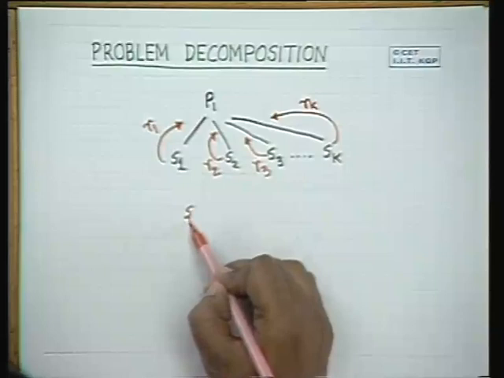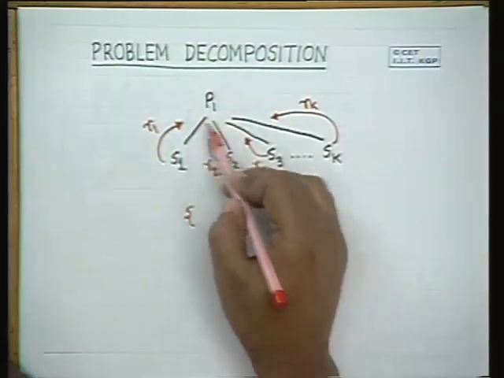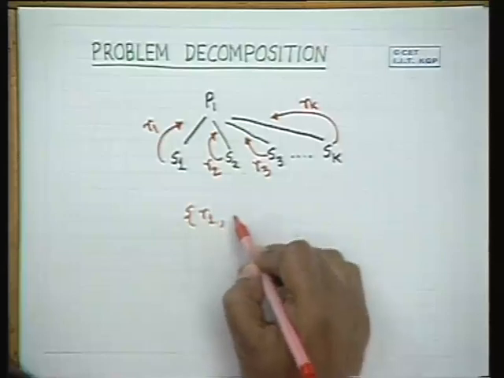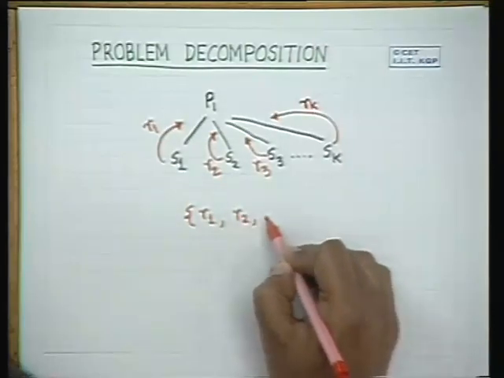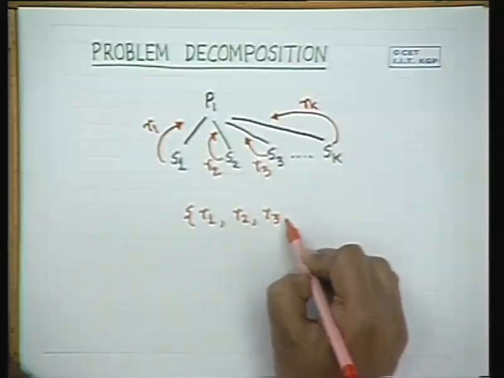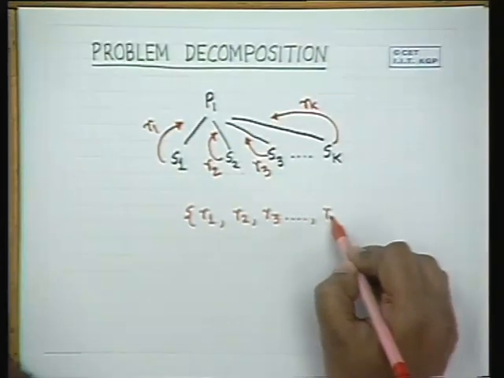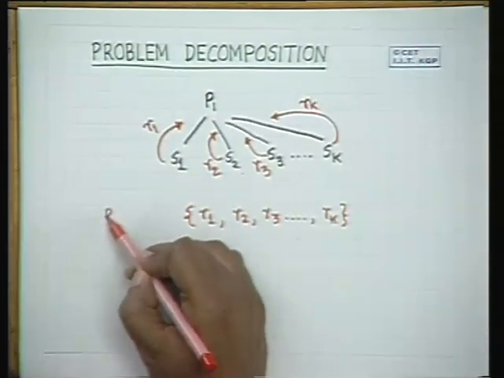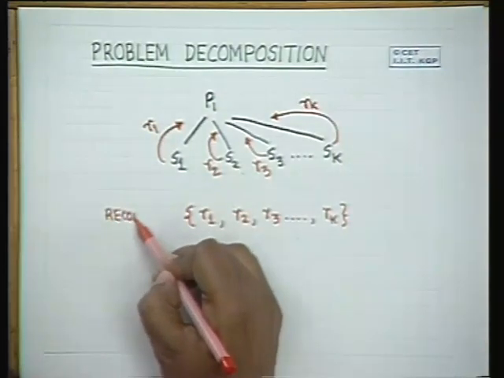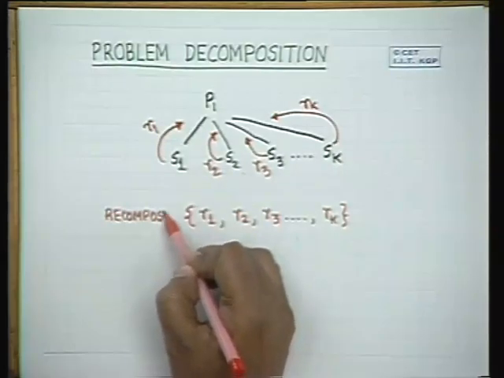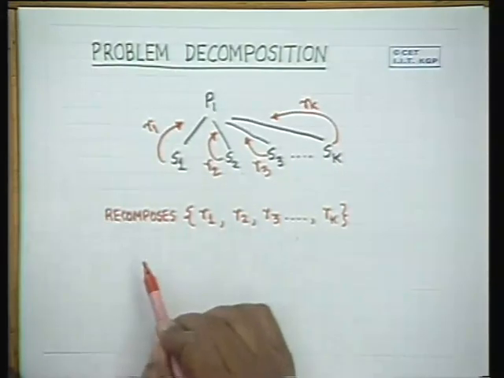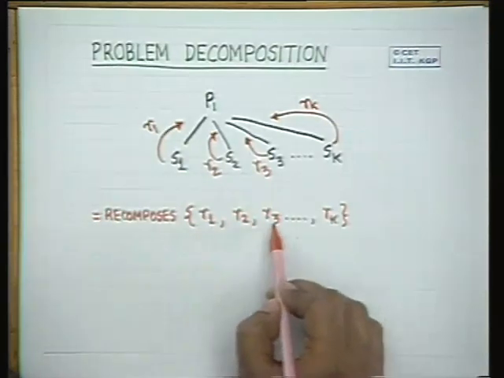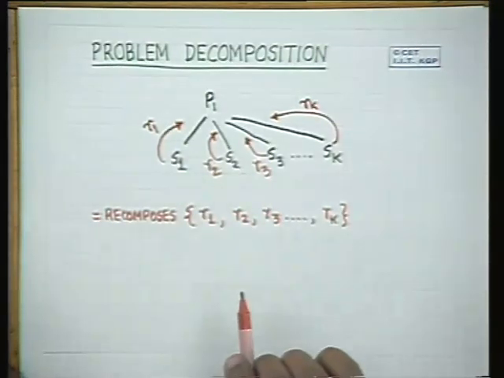So given a problem, we break it up into sub-problems, and these sub-problems provide us with results R1, R2, R3 and so on, and the main problem then recomposes or reconstitutes the actual solution to the problem based on the solutions obtained from its sub-problems.